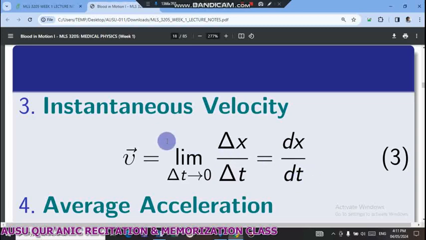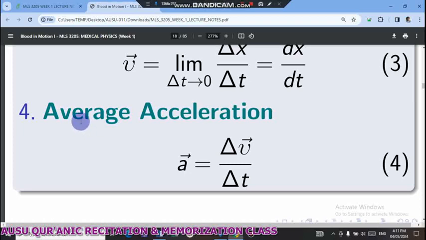It will be an expression that you can use to get the velocity at any given time. After 1 second, you can put t is equal to 1 to get the velocity. After 3 seconds, you can put t is equal to 3 to get the velocity again.